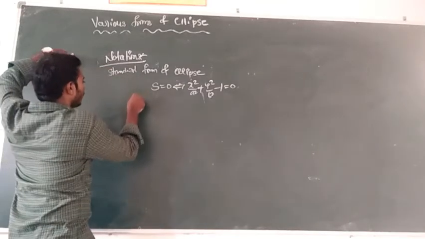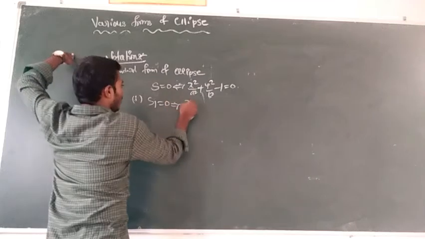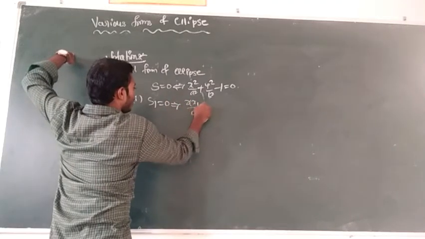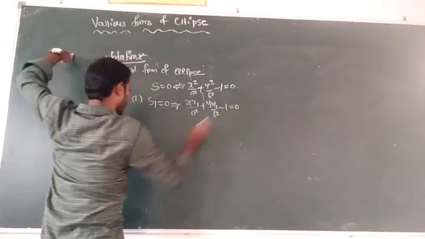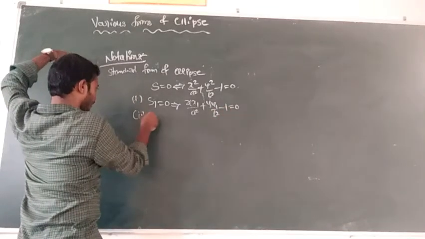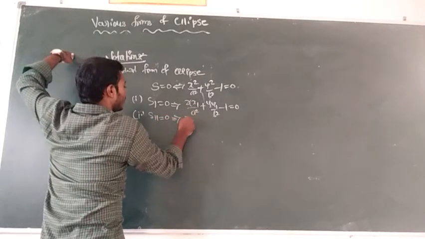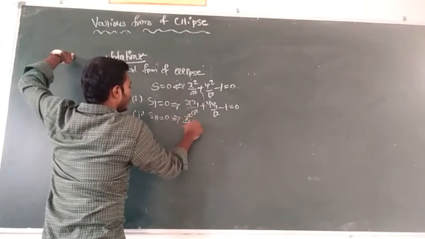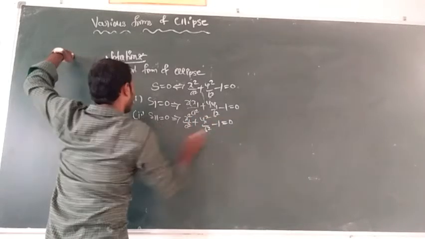And first one, S1 equal to 0, this is x1 by a square and y1 by b square minus 1 equal to 0. And second one, S11 equal to 0, here also replace x1, so x1 square by a square and y1 square by b square minus 1 equal to 0.